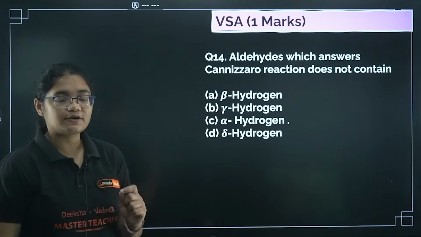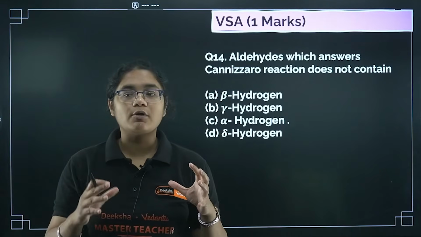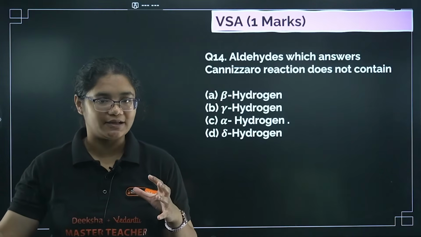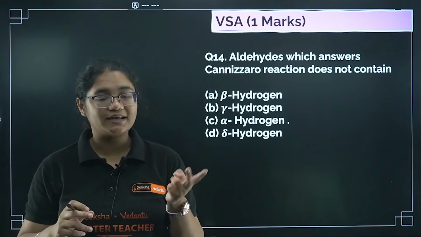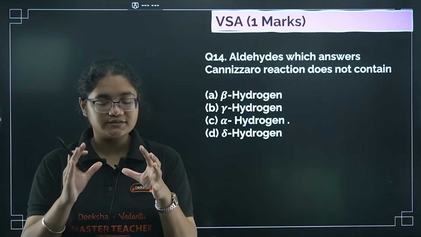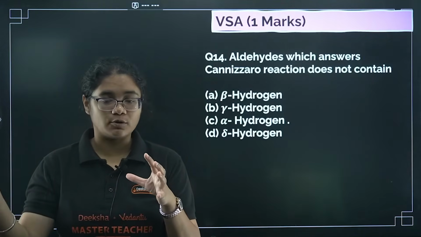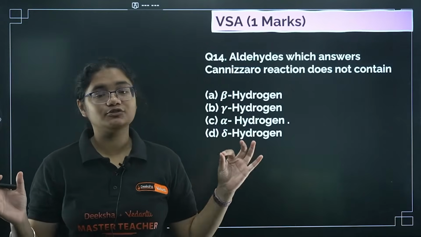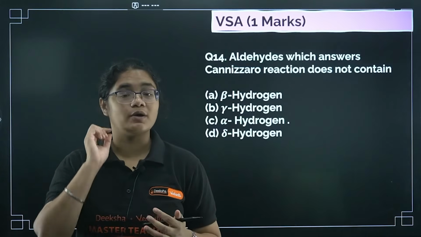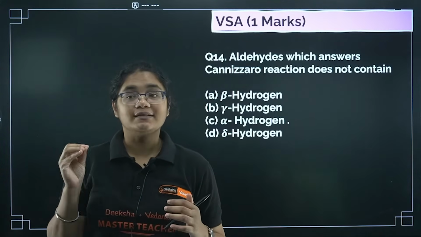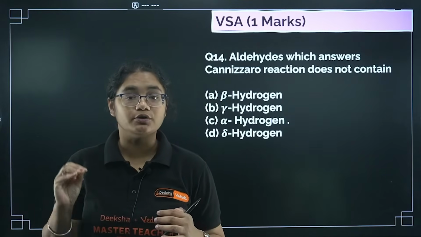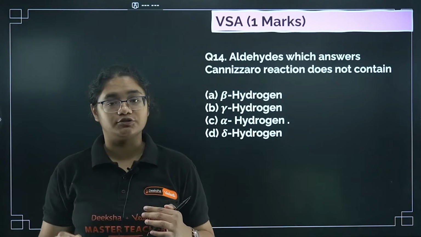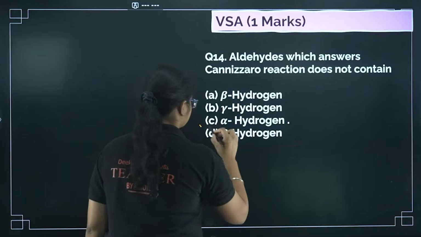Cannizzaro reaction is a reaction where the compound undergoes disproportionation, meaning it gets oxidized and reduced. So it will oxidize to salts of carboxylic acid and get reduced to alcohol. In this reaction you should not have any alpha hydrogen. So that is why option number C.